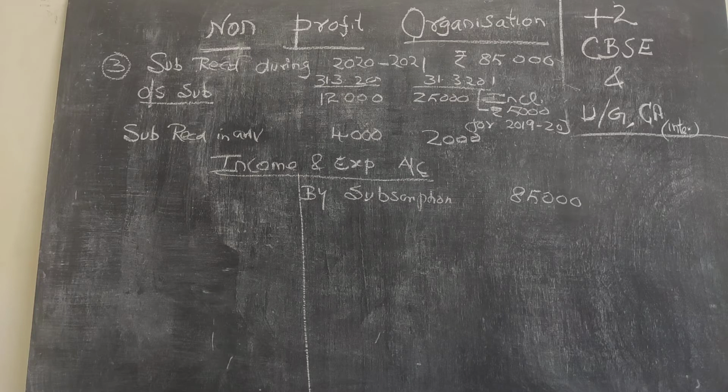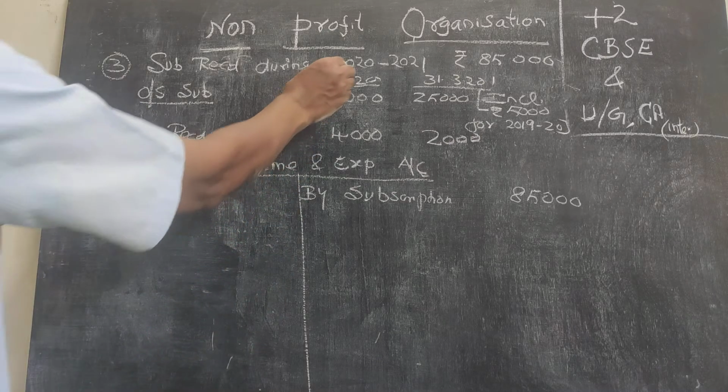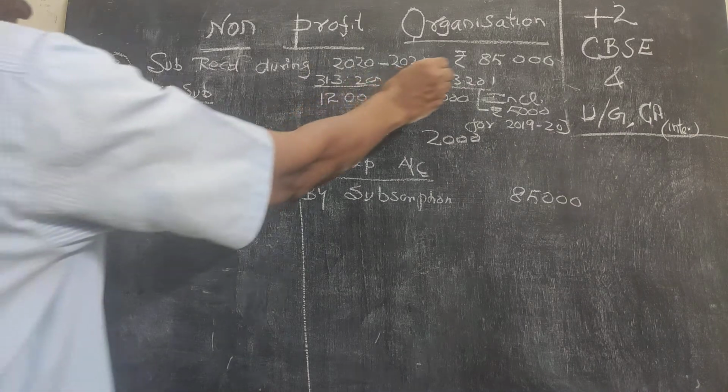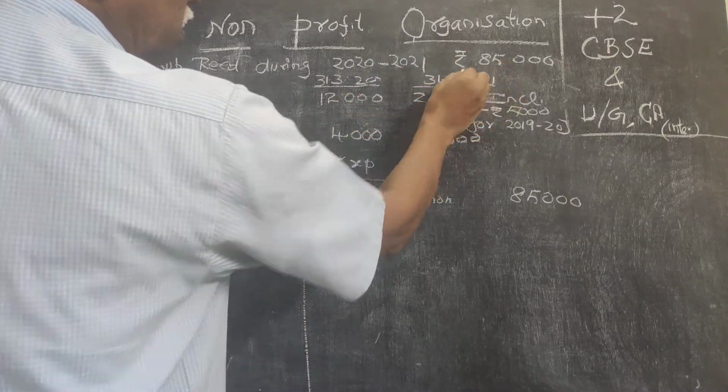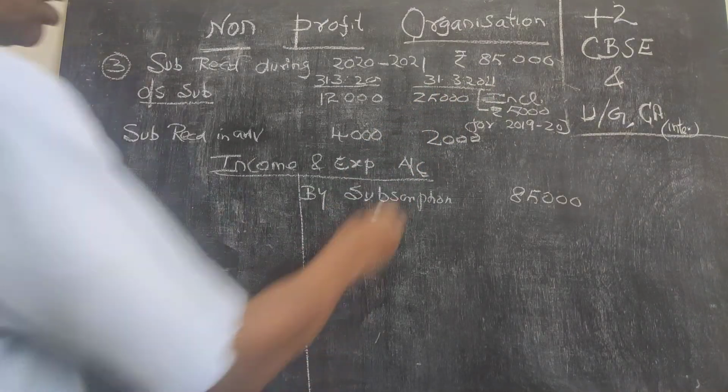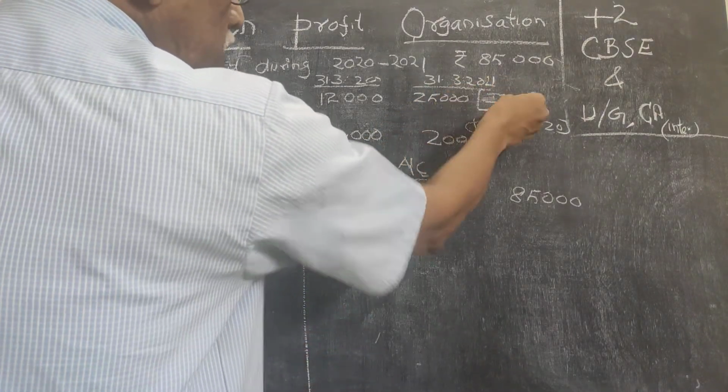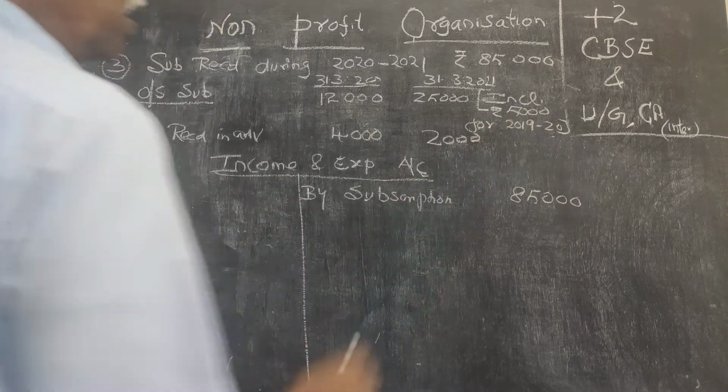Now we'll go to the third problem. The particulars given are on the board. Subscription received during 2020 and 2021, 85,000. Outstanding subscription as on 31st March 2020 is 12,000 and on 31st March 2021 is 25,000. Here it is given in the bracket that it includes 5,000 for 2019-20.